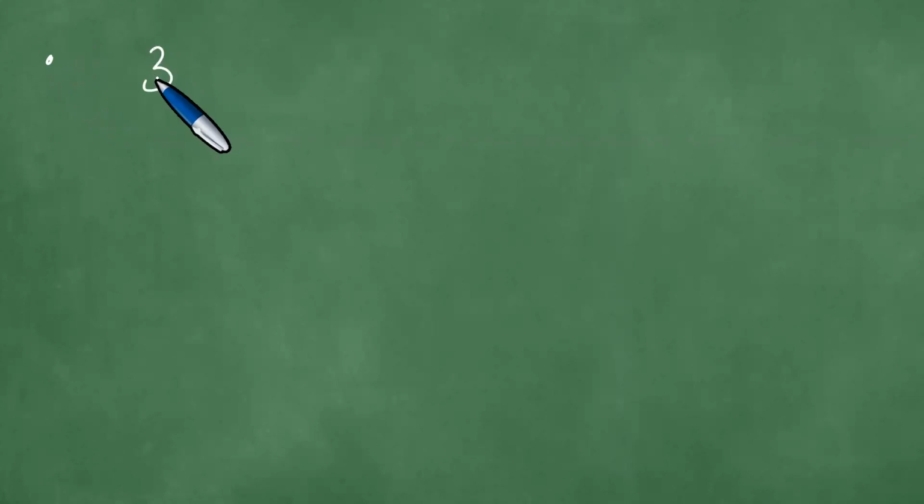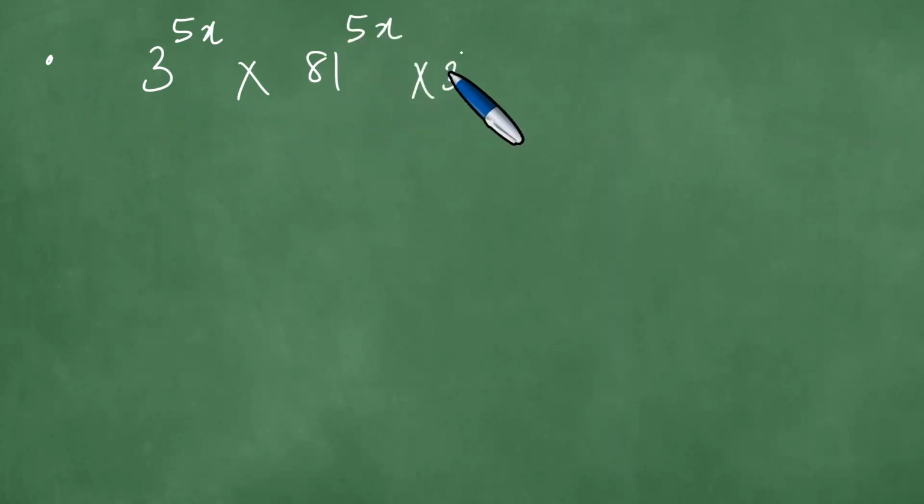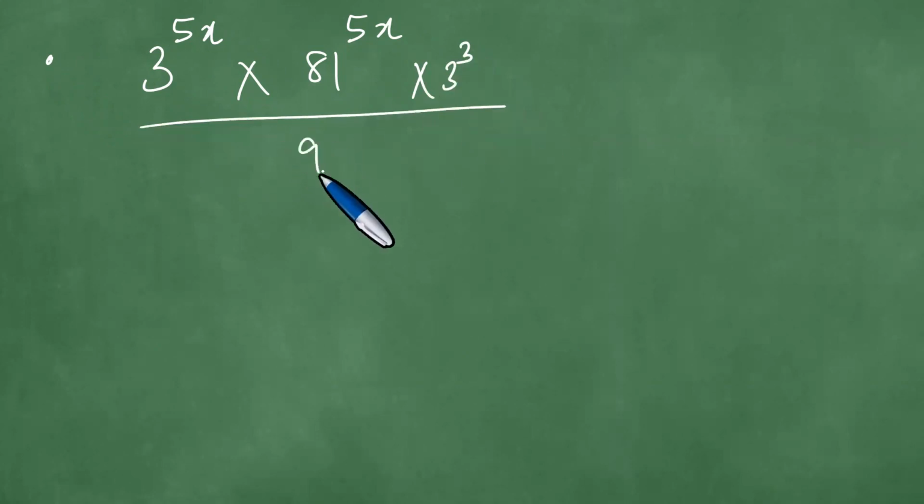So obviously you have 3 to the power 5x times 81 to the power 5x times 3 to the power 3, over 9 to the power 8x. What do we do here?